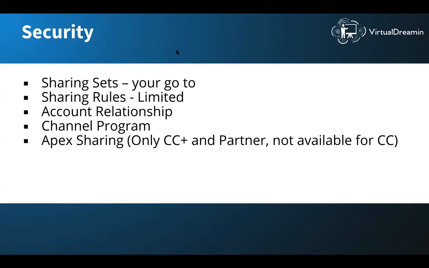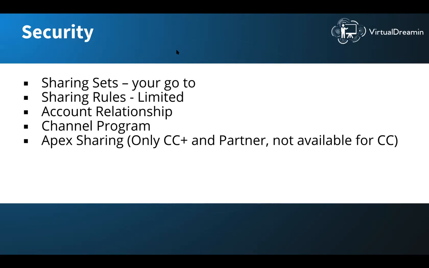With a sharing set, it's not storing all that data, it's not running like crazy, and it's not heavy. What it does is take a value off of the user, be it the account or the contact, and compare that to either an account field or a contact field on the record you're looking at. If they match, the record is visible. If they don't match, the record is not visible. So think about it like a fancy formula.